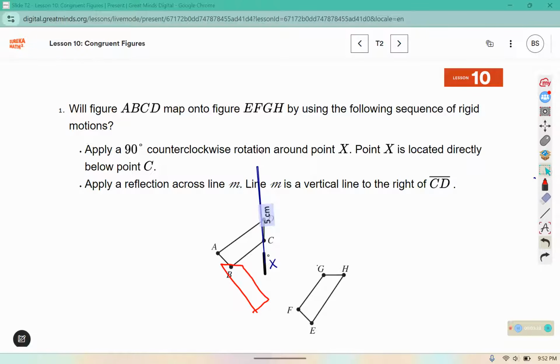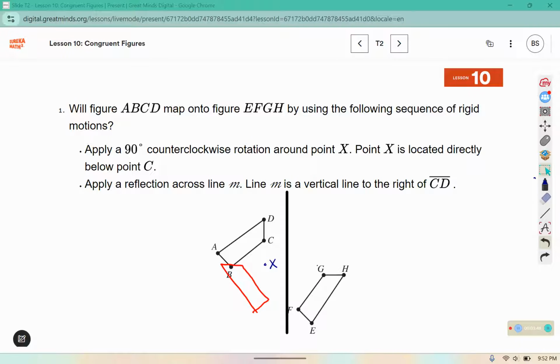Now we also need to reflect across line M, and M is a vertical line to the right of CD. So vertical meaning going straight up and down, and it's on the right side of CD.